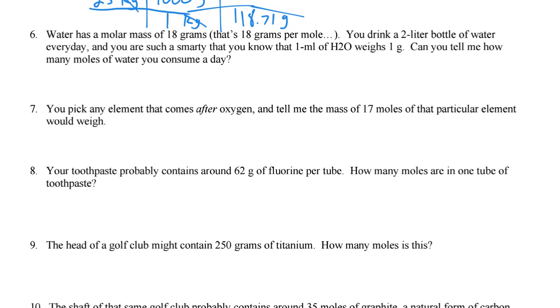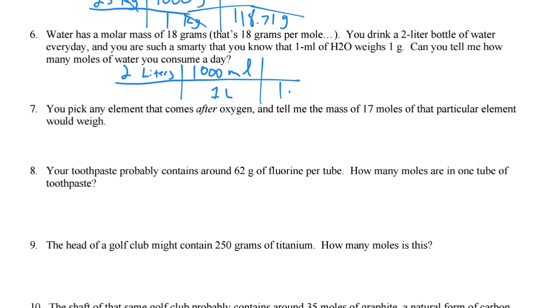All right. So at number 6, we want to figure out if we drink 2 liters, I'll just write down 2 liters, how many moles is that? We know 2 liters is 2,000 milliliters because there's 1,000 milliliters to 1 liter.